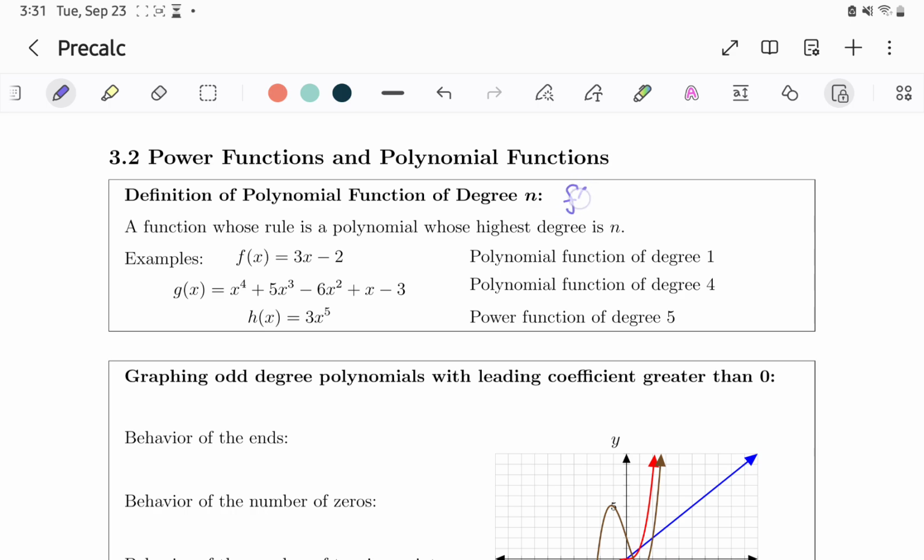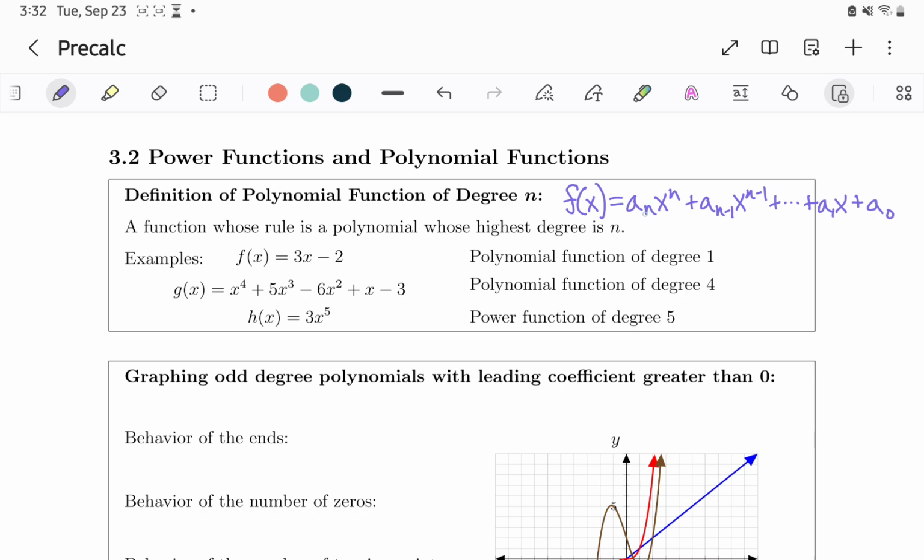It's going to look something like f of x equals a sub n times x to the n plus a sub n minus 1 times x to the n minus 1 plus dot dot dot plus a sub 1 times x to the 1 and then plus a sub 0. So that is what a polynomial function of degree n would look like.